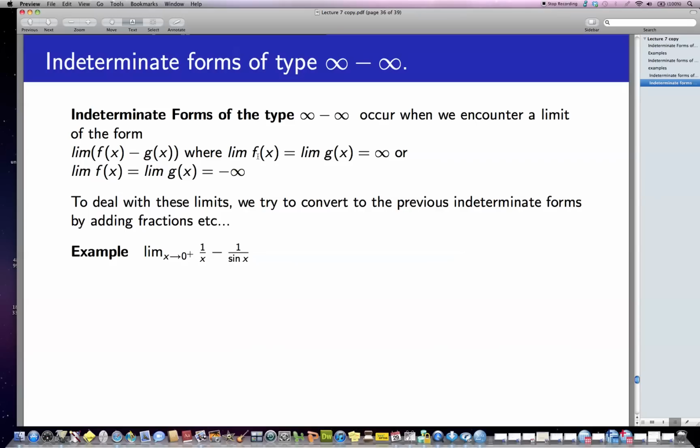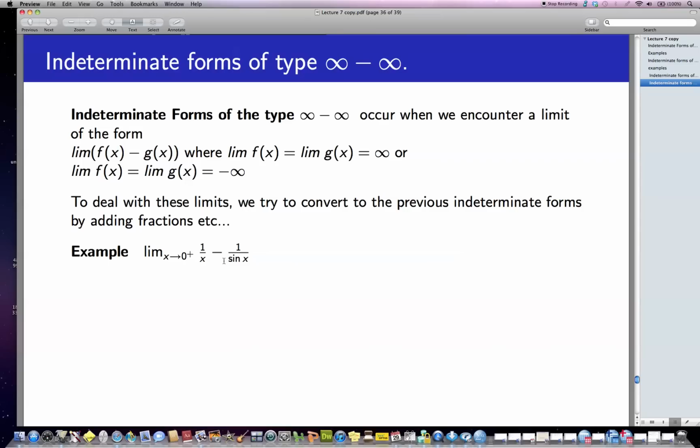I'm subtracting off something that's getting larger. So the question is, what happens to this limit? Does it go to infinity, or does it stabilize at something finite? And to deal with these limits, we do whatever we can to convert to a quotient or to some indeterminate form of the previous types.